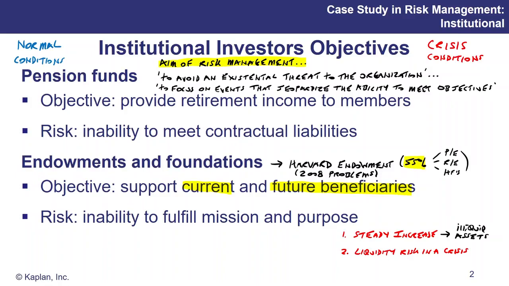Now, we talked a bit about liquidity, and one of the themes coming through in the chapter, talking about institutions in general, is that there has been a steady increase in the allocation to illiquid assets over time.